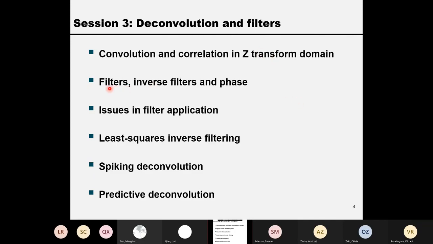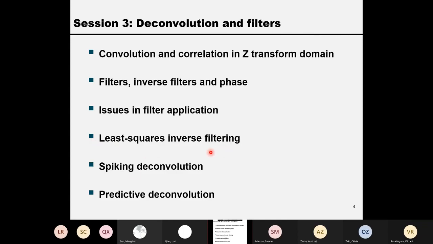Then we talk about the filters, inverse filters, and the phase. So we're distinguishing different filters by their phase. The third part, we will discuss issues related to the filter application. And then the second half of the session, we're talking about something called the least squares inverse filtering.